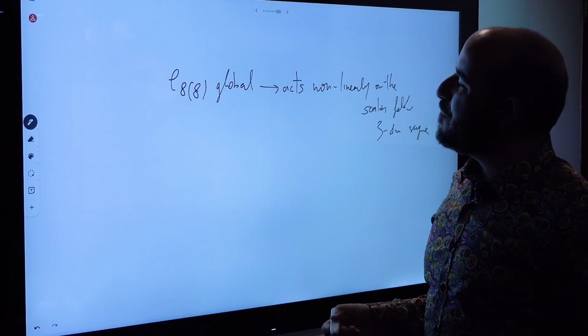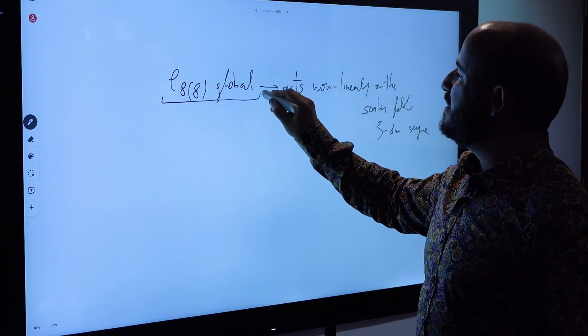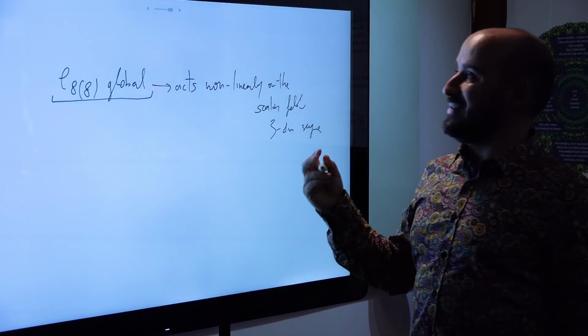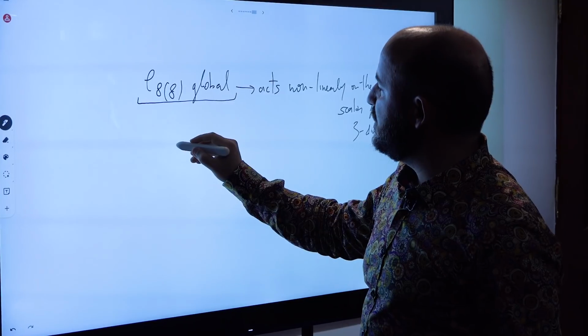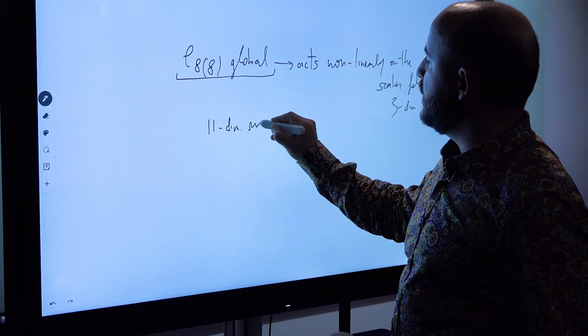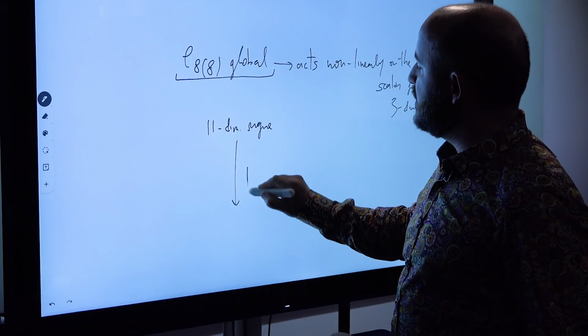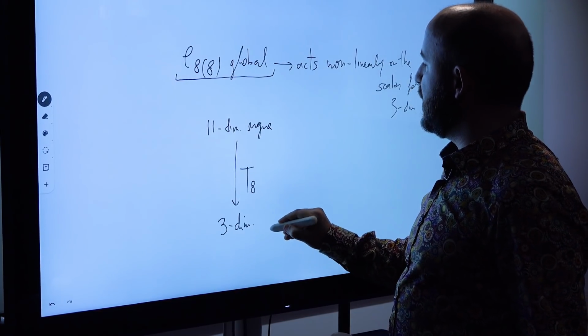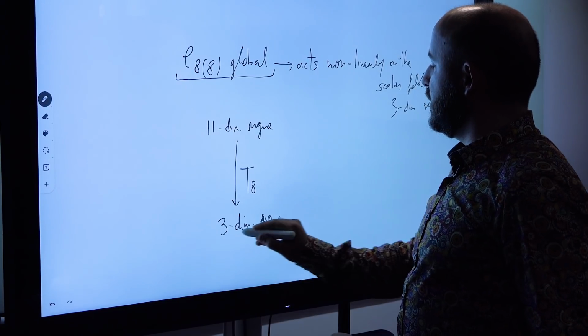And a priori, this was not a symmetry that Cremmer and Julia expected to exist when they studied the compactification of 11-dimensional supergravity on a T8, the 8-torus.